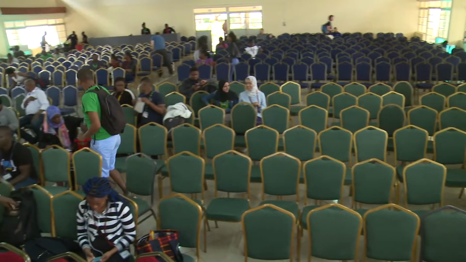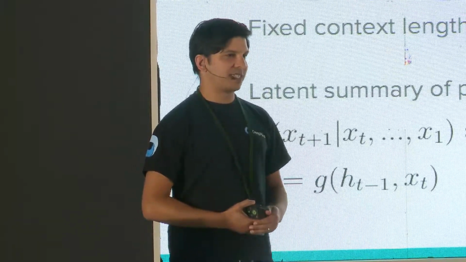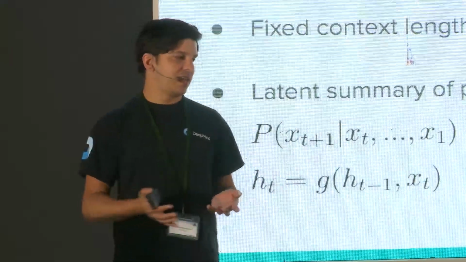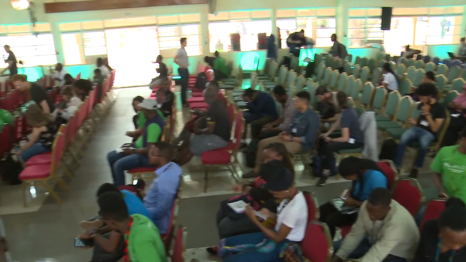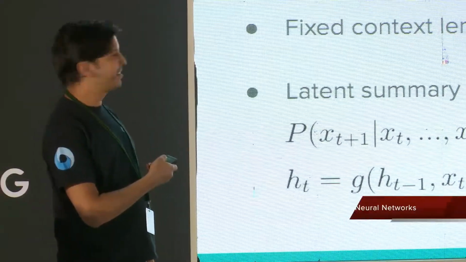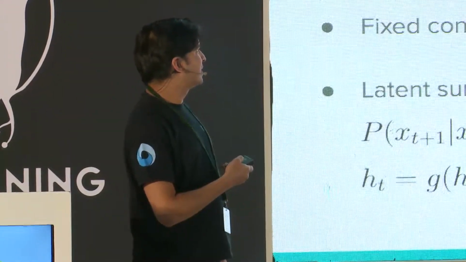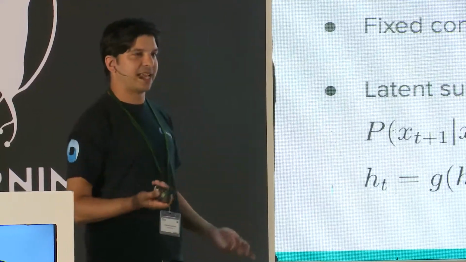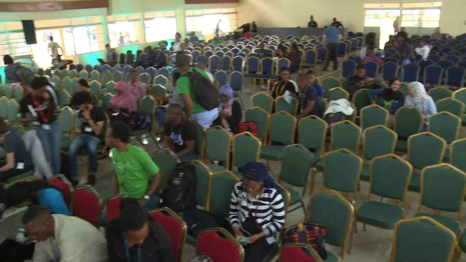To introduce some notation that we're going to use for the rest of this talk, we talk about a sequence as a list of some observations. A sequence is a list of observations which we denote as X, and we put a subscript on these X's to indicate the position in the sequence.